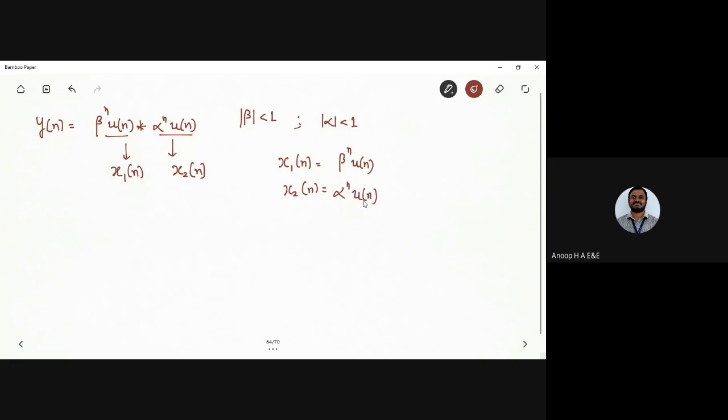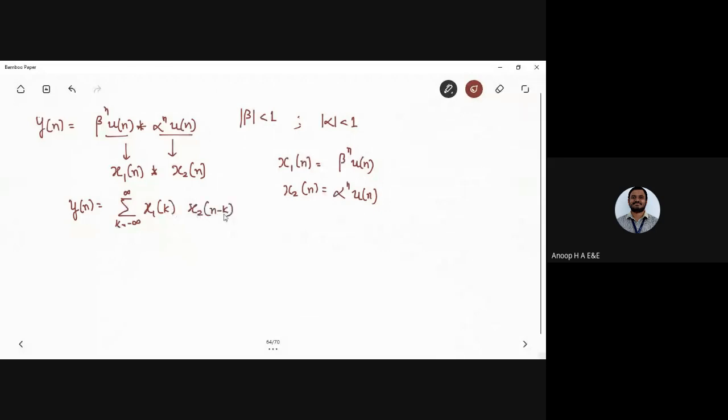So I have two signals in convolution with each other, and I need to take the output y of n, given by sigma k equals minus infinity to plus infinity x1 of k and x2 of n minus k.